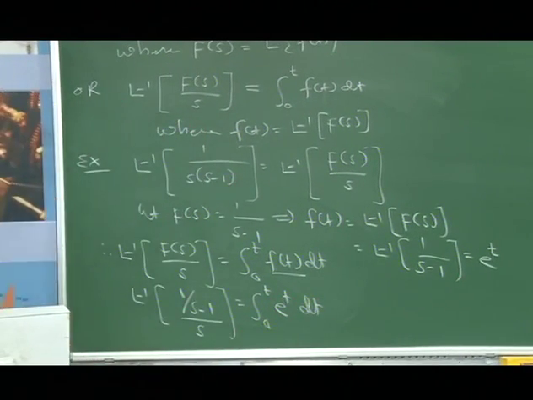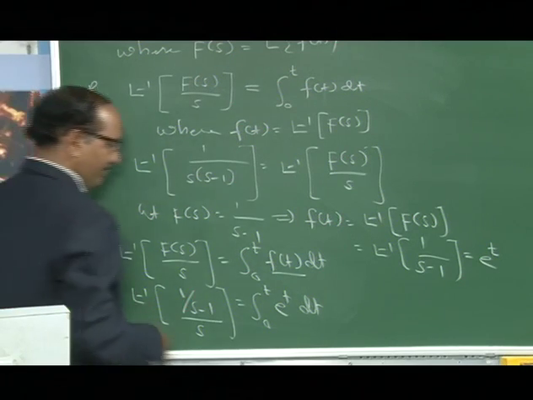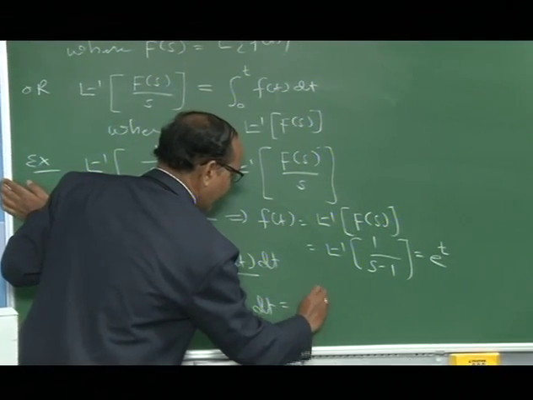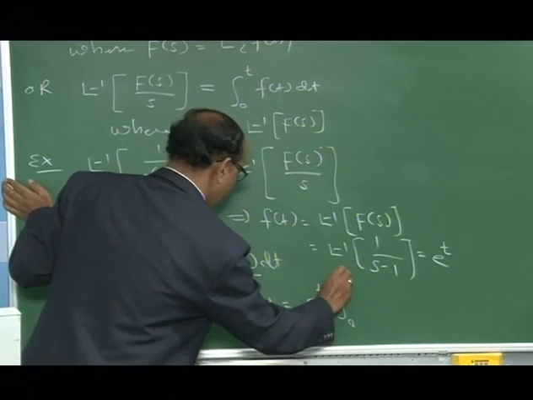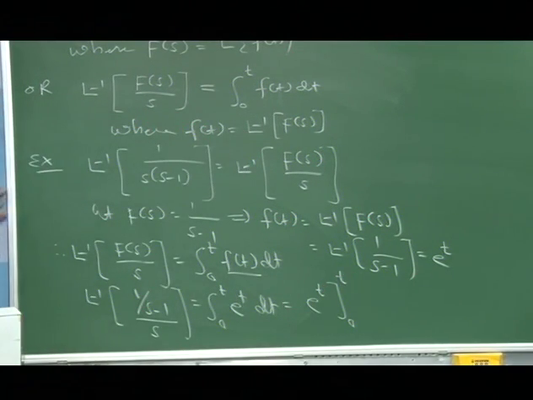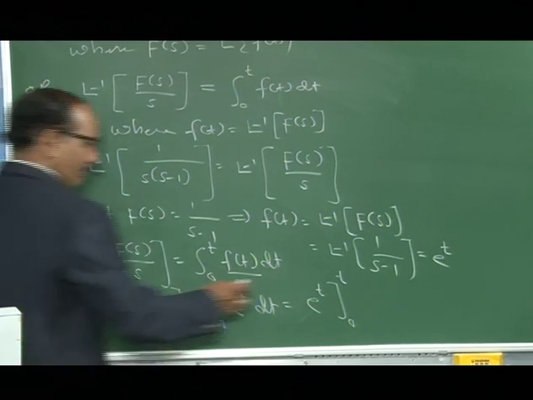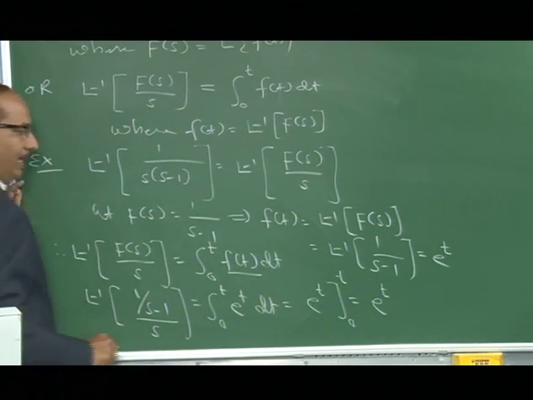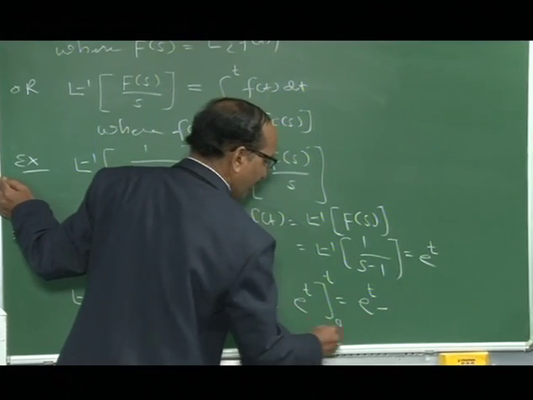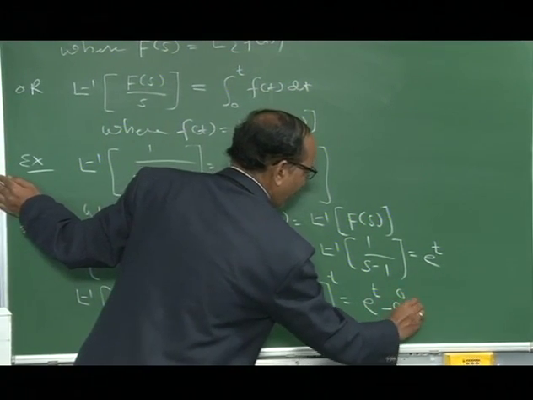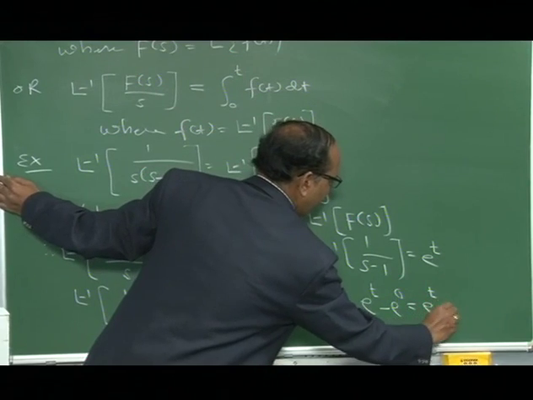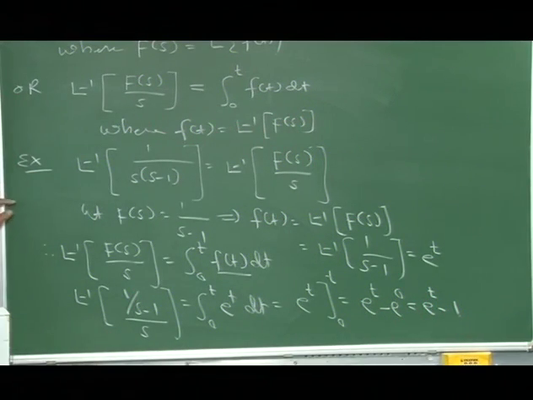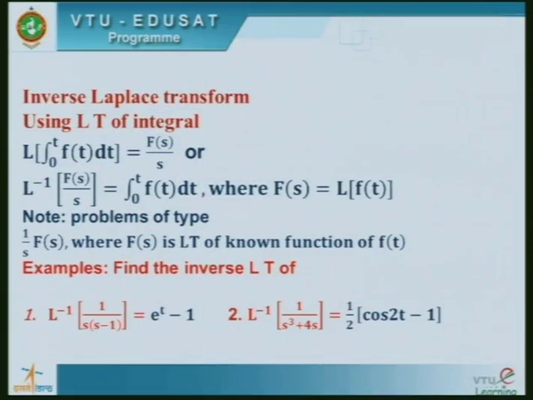So, integrate e raised to t, that gives the inverse of the main problem. So, e raised to t is e raised to t, substitute the limits 0 to t. Put t is equal to t and t is equal to 0 in the function e raised to t. So, at t is equal to t it is e raised to t, minus at t is equal to 0, e raised to 0, that is 1. So, finally, it is e raised to t minus 1, that is the inverse of 1 divided by s into s minus 1.